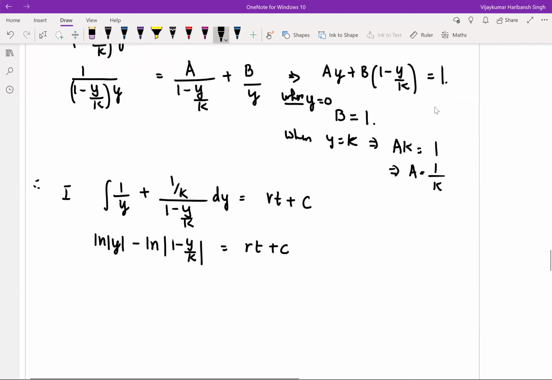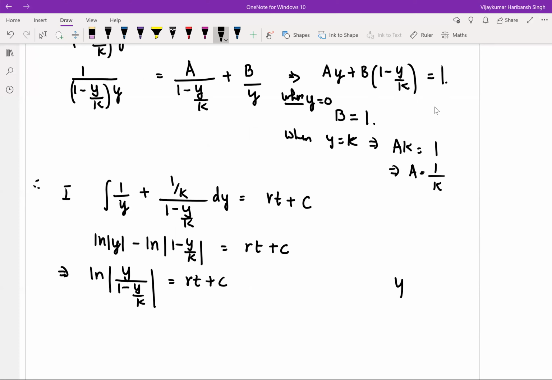You can combine it here. ln of a minus ln of b is ln of a/b. So we get ln of y upon (1 - y/k) equals rt plus c. Now note that this is positive. Why is it positive?